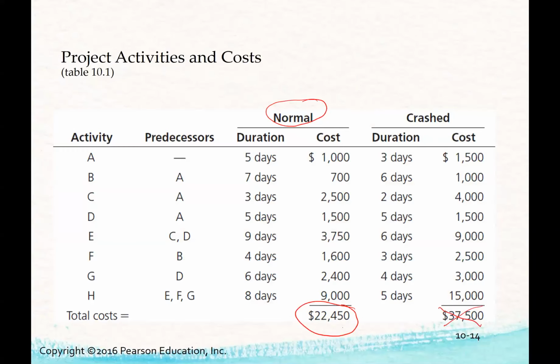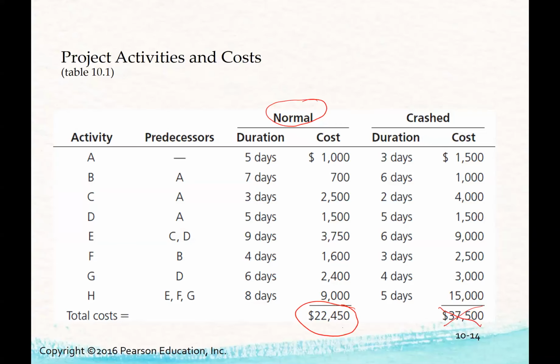Now, notice I scratched out that $37,500 because all he did was add up all the crash costs. Guess what? You don't actually have to crash every activity in your project because not every activity is on the critical path. So this is a little bit misleading.